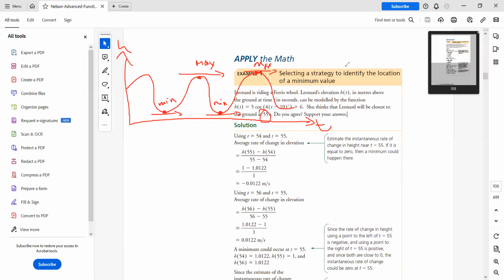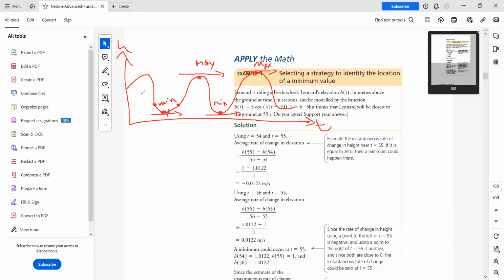And Shu thinks that the leopard will be closest to the ground at 55 seconds. So first of all, we have to identify whether 55 is a local minimum or local maximum. How can we do that? We examine the average rate of change before this point and after this point.